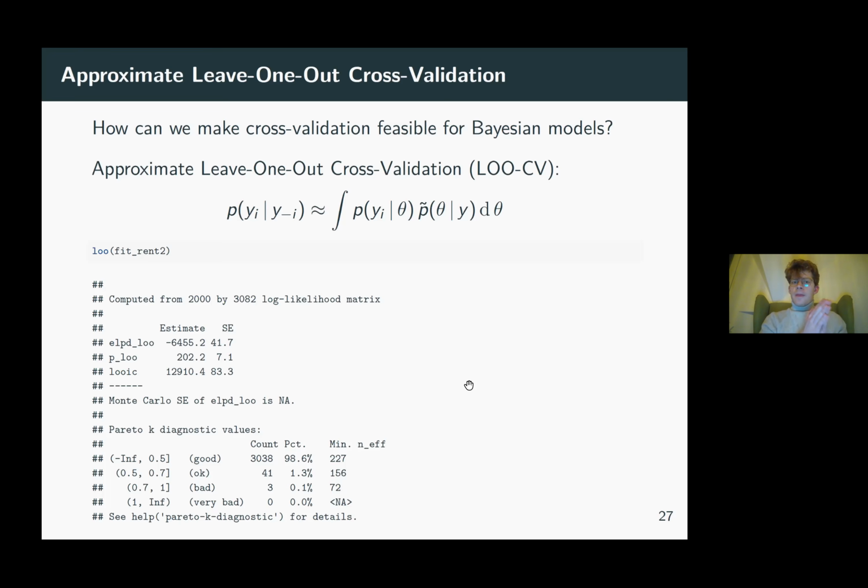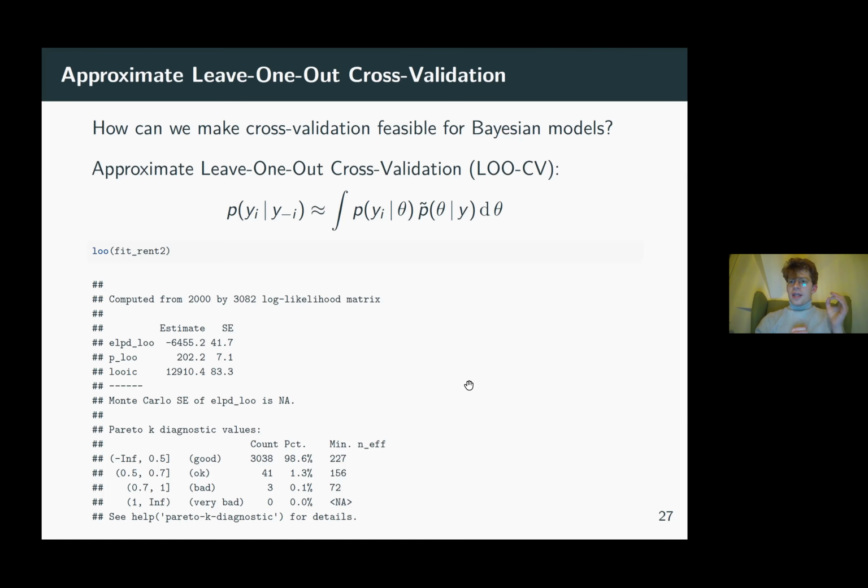That is, do some sort of cross-validation, but without actually refitting the model, just using the one single global model on the full data to approximate the specific cross-validation procedures. That doesn't work well generally, but it works for leave one out cross-validation. In leave one out cross-validation, each time we leave out only a single observation, fit the model on all other observations and predict that single left out observation, and we do that for each observation.